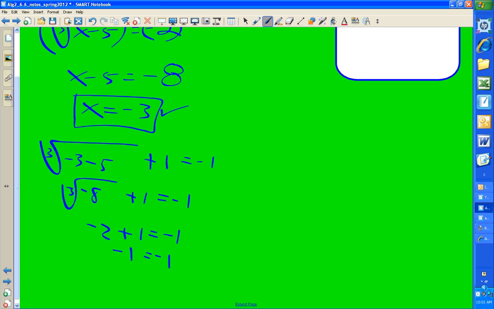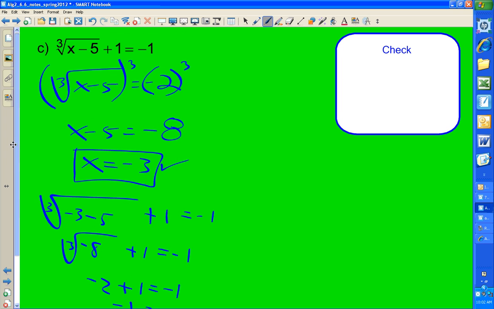Good answer. Is it wrong if you don't subtract the 1 for the first step, when you do x minus 5 plus 1 equals negative 1? Well, x minus 5 plus 1 equals negative 1 will not work. You may have gotten negative 3, but you would have gotten lucky to get that. You have to cube both sides.